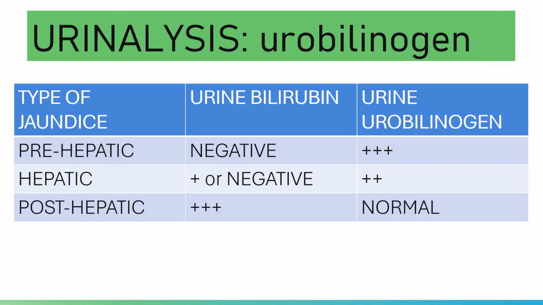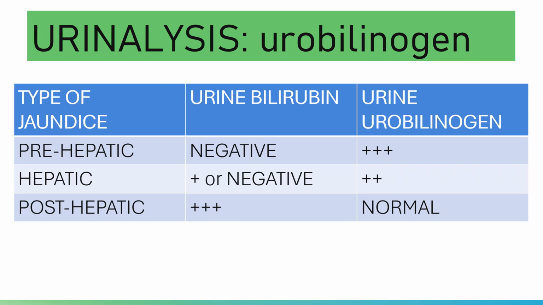Let's take a look at a comparison of your urine bilirubin and urine urobilinogen. In a normal individual, please note that there is no urine bilirubin. While in a normal individual, urine urobilinogen is normally present.